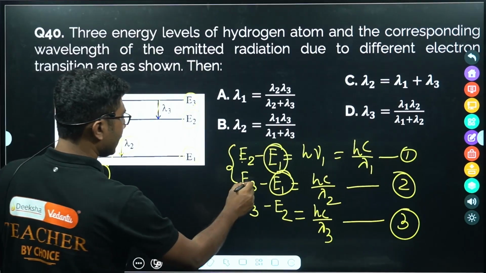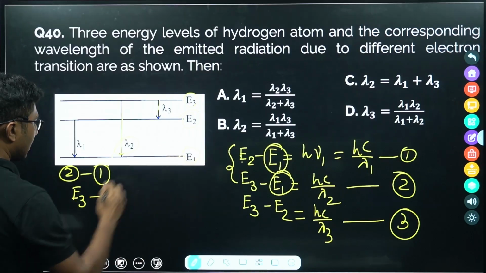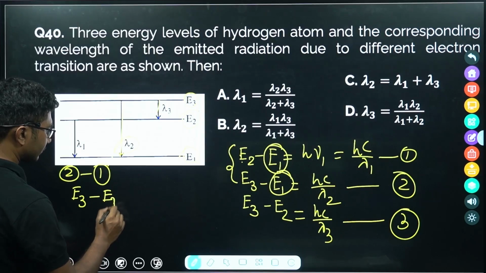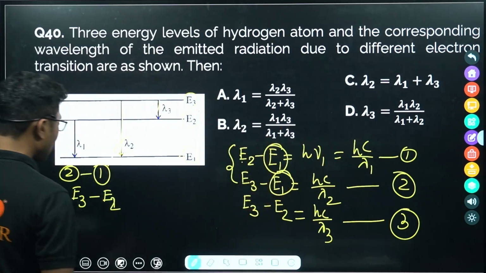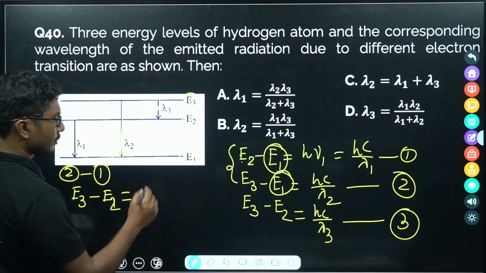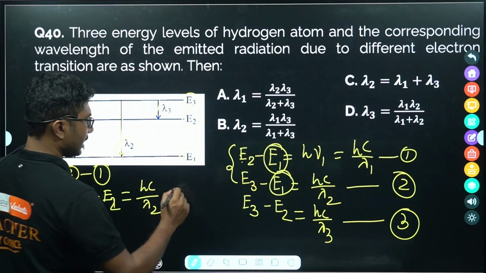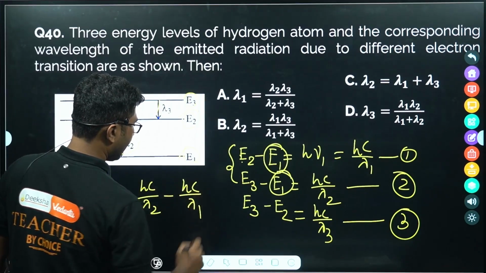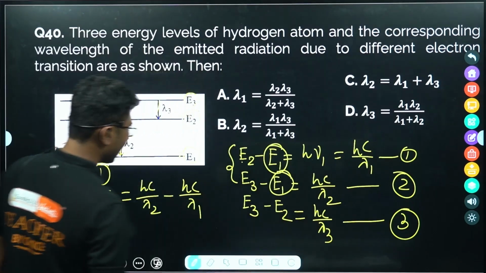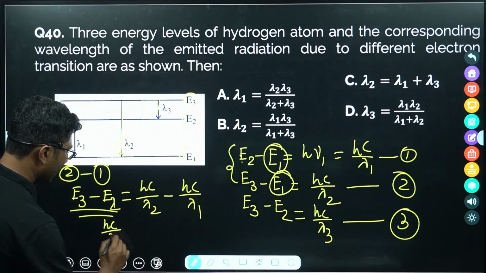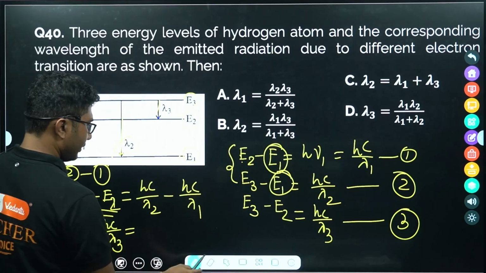We get E3 minus E2, as E1 will cancel. So E3 minus E2 is equal to hc by lambda 2 minus hc by lambda 1. Now what is E3 minus E2? E3 minus E2 is hc by lambda 3. So hc by lambda 3 is equal to, let me rewrite this.